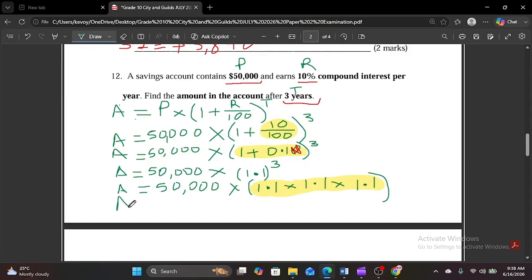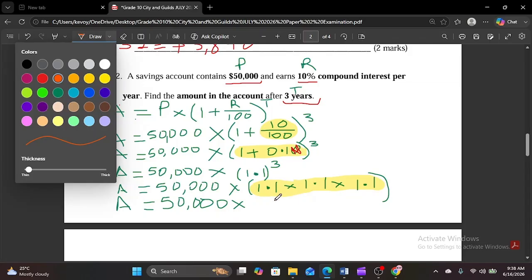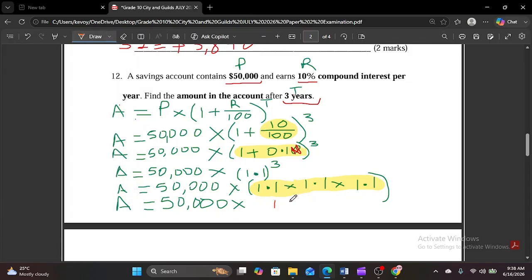So that's A is equal to 50,000 times, after multiplying all of this, I'm going to get 1.331. So that's going to be my answer after I would have multiplied 1.1 by itself 3 times.